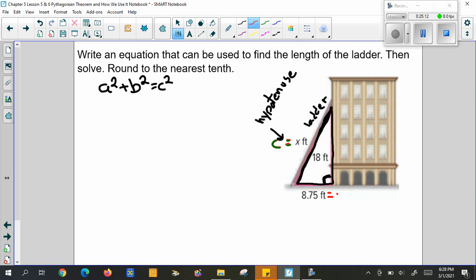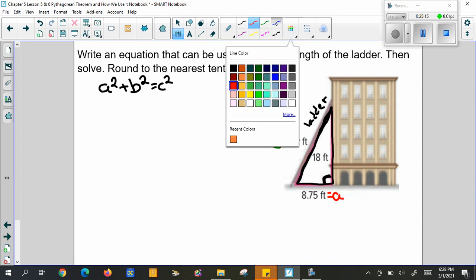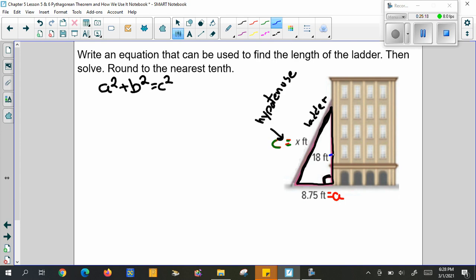We'll say a is the 8.75, while b is the 18. Remember, a and b, the legs, it does not actually matter which is which, as long as c is the hypotenuse. Now, I'm filling in each variable where it belongs. And by solving this equation, we can find the length of the ladder.